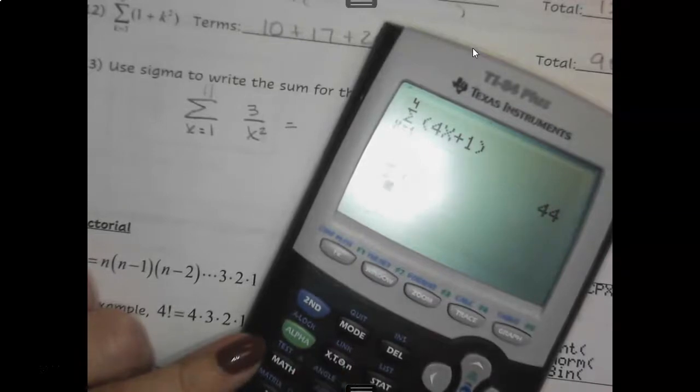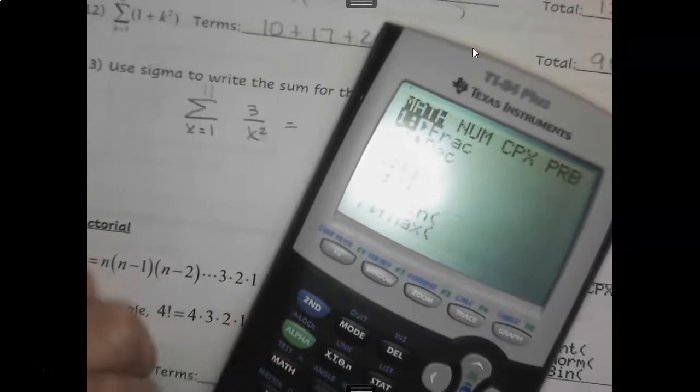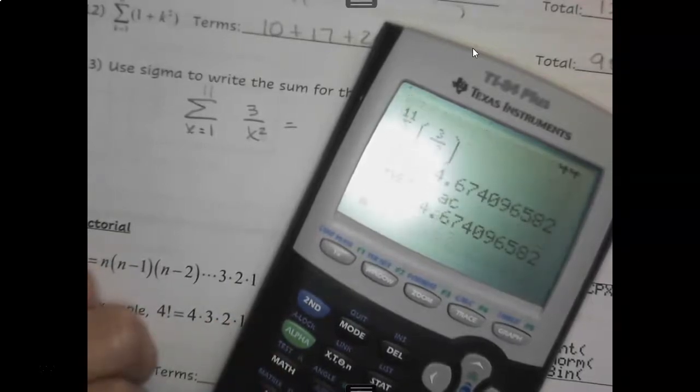I'm going to do x from 1 up to 11, and then I'm going to put in alpha y equals, so I can get a fraction, 3 over x, oops, let me move, that's a square, let me take this back and put my x right there. Looks like I'm going to hit enter. I get 4.674, so we're going to hit math, enter, enter, and see what that fraction looks like.